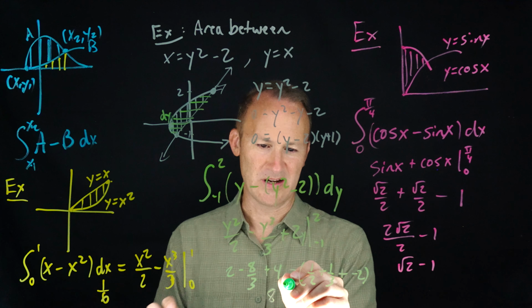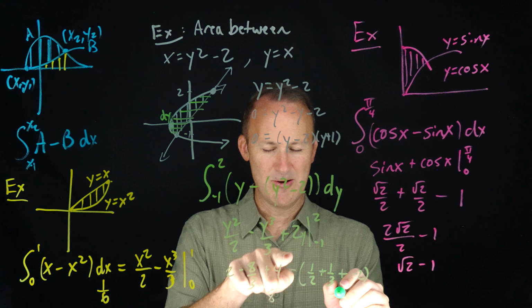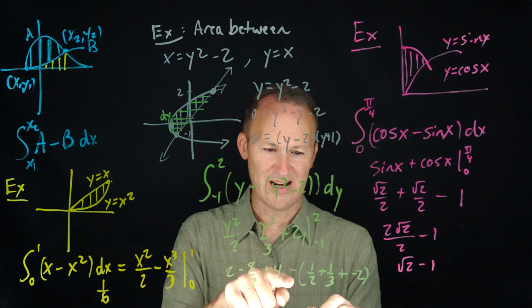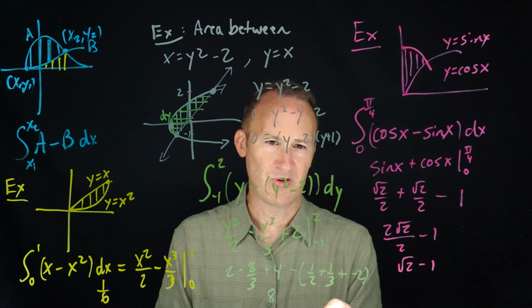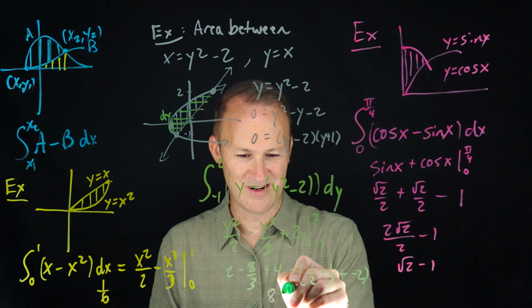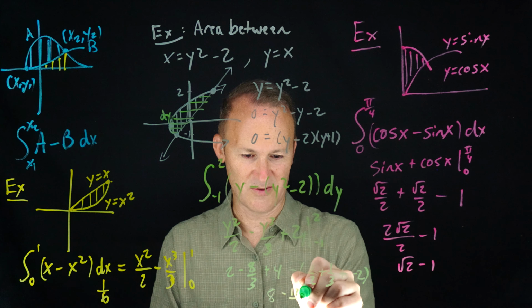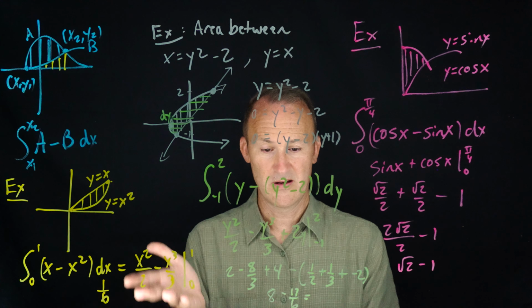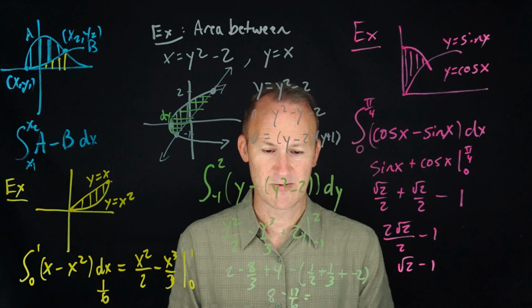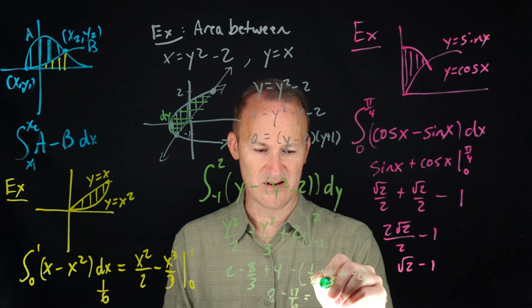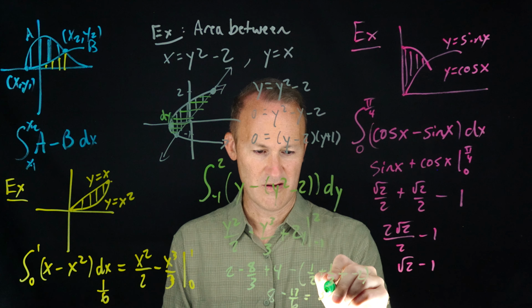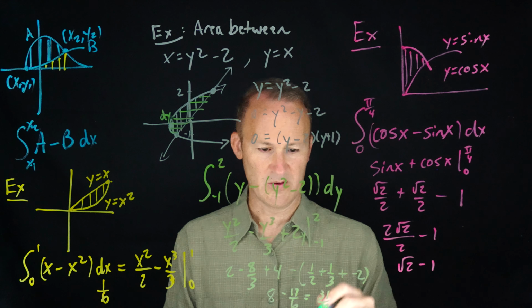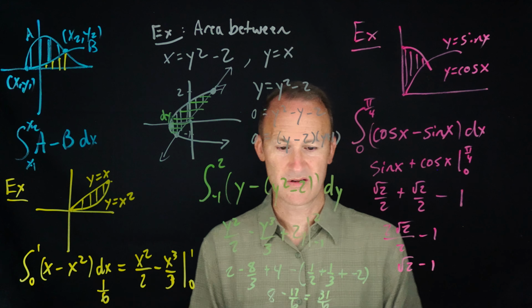Oh, this is kind of a pain, isn't it? -16 -3 -19 +2. Am I doing this right? -17 over 6. And so that's going to be 48 -17. I believe that is 31/6. That's what I'm getting, 31/6.